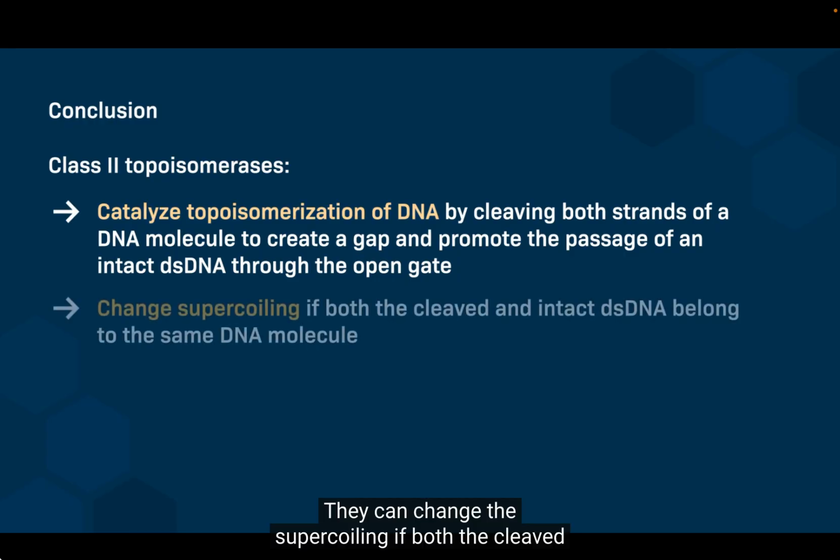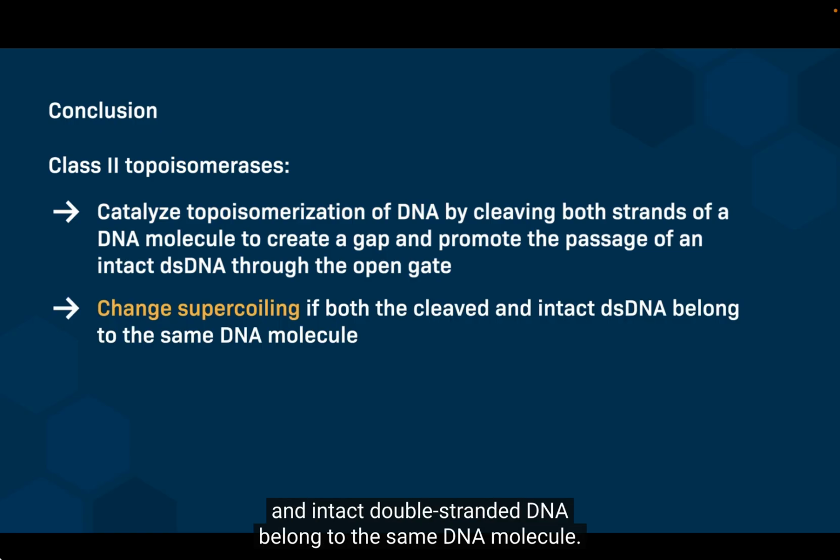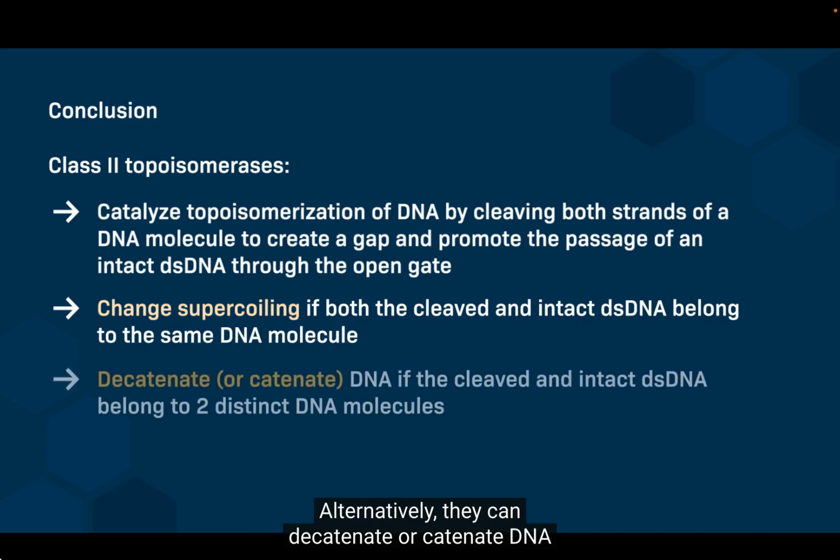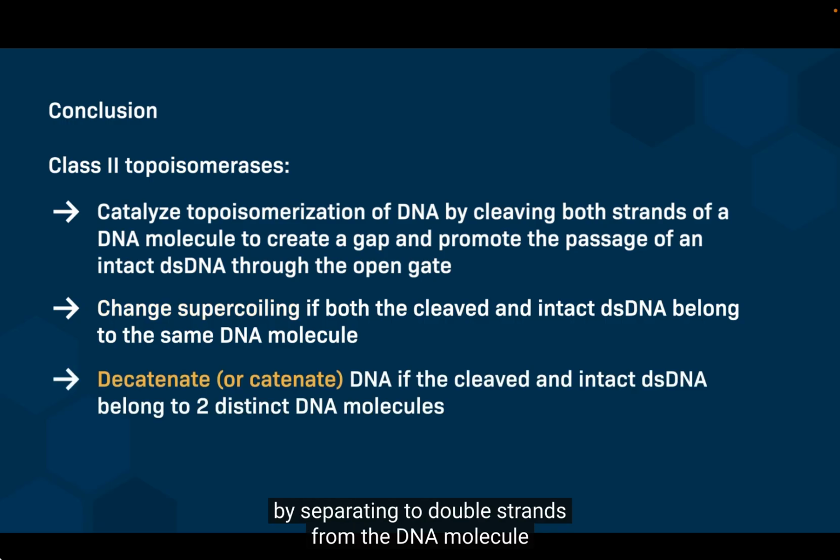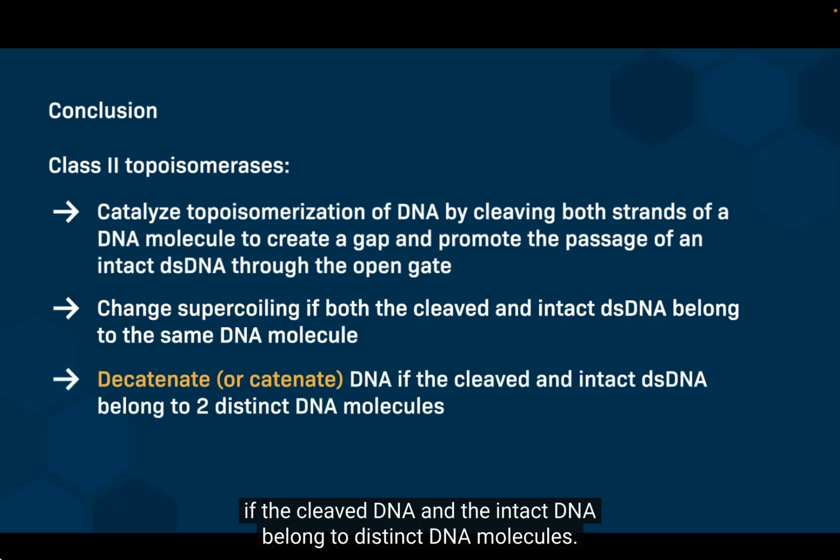They can change the supercoiling if both the cleaved and intact double-stranded DNA belong to the same DNA molecule. Alternatively, they can decatenate or catenate DNA by separating two double strands from the DNA molecule if the cleaved DNA and the intact DNA belong to distinct DNA molecules.